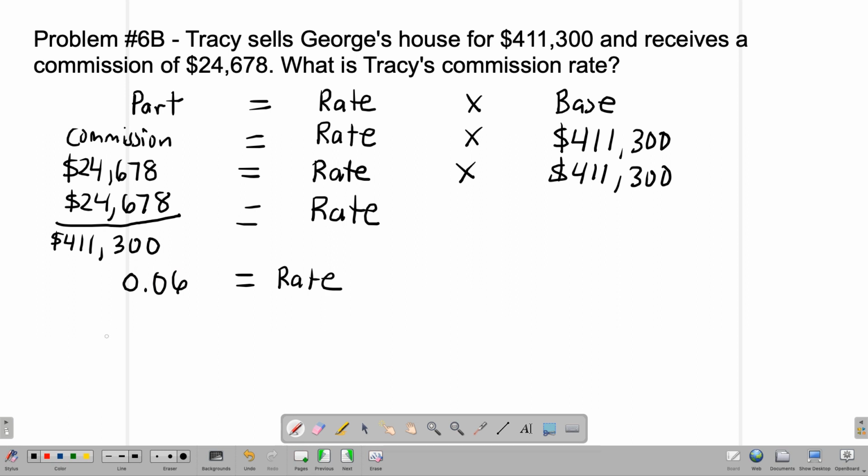And of course, we take the 0.06 multiplied by 100, and that would produce 6. That same 6 is saying that the rate is really 6%. And this is what we wanted to show for problem 6b.